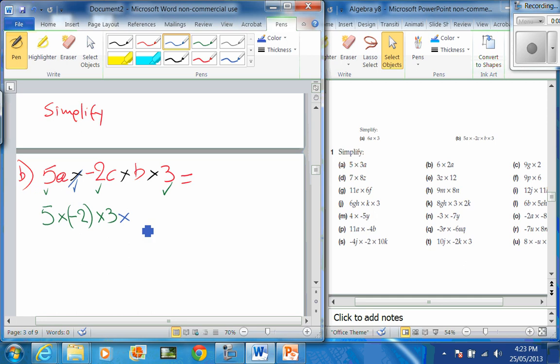Times A times C. I use the minus in here, remember? Times B. Now, what I did, I separated numbers from letters. And I have all my numbers together, and I have to do my operation with the numbers. Okay, let's see what the numbers are telling me.